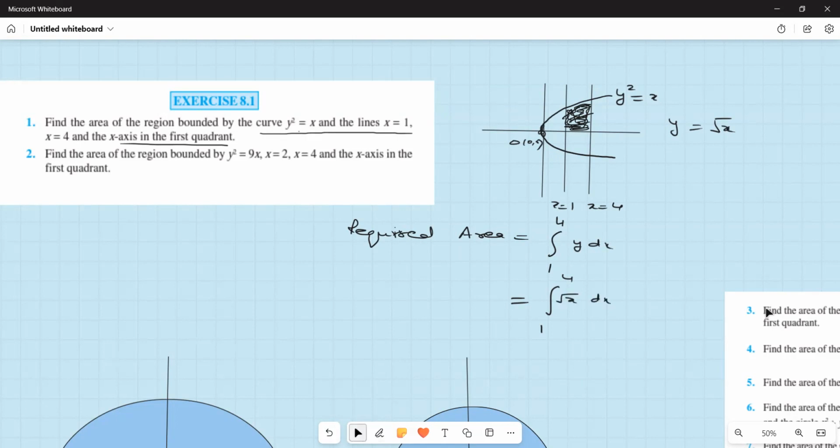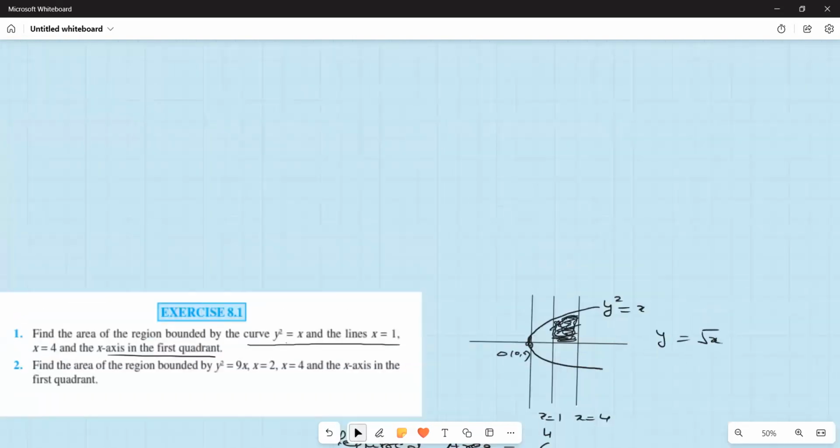Let me explain you this thing first. When we are finding the area along the x-axis, limits are in the x-axis, then we will always take y dx because limits of x are from a to b. But if we are integrating with respect to y, means the limits are on the y, then it will be x dy from a to b.